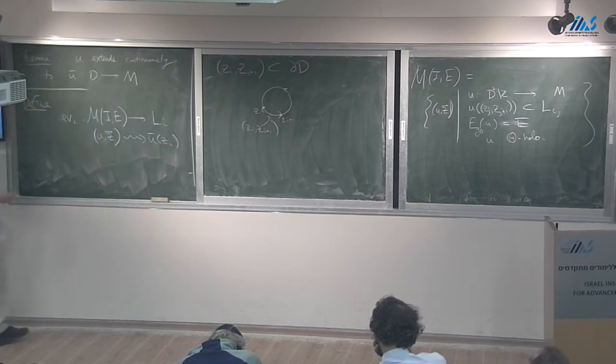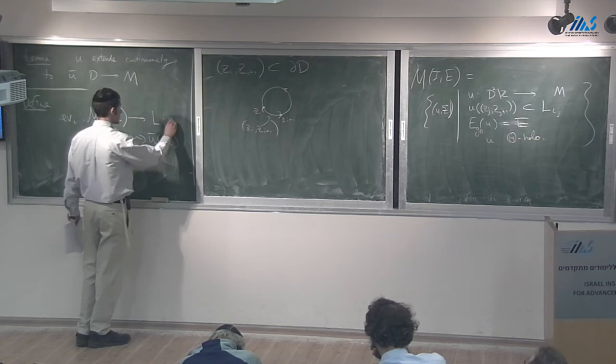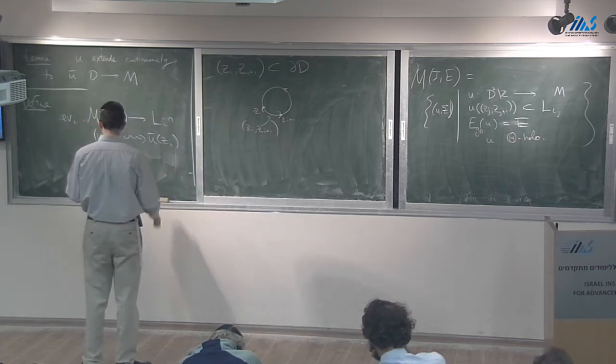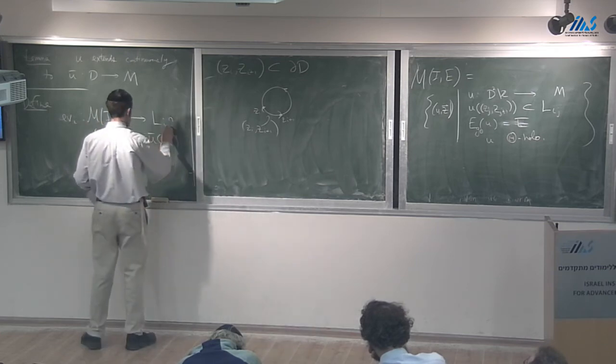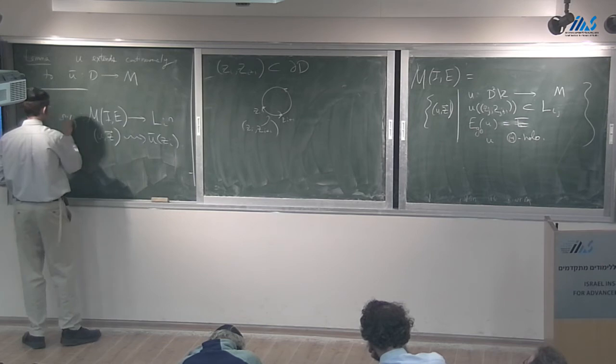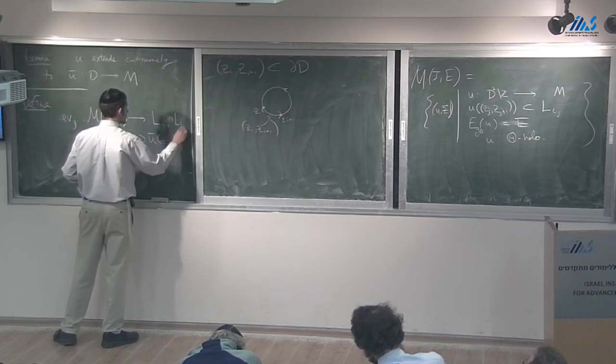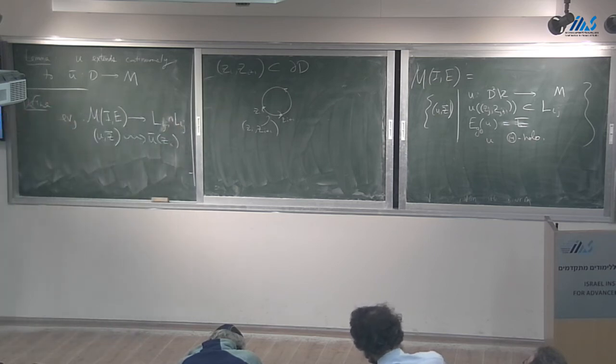Okay, this should be intersect. Let's get this right now. L_{i_{j-1}}. Like that.